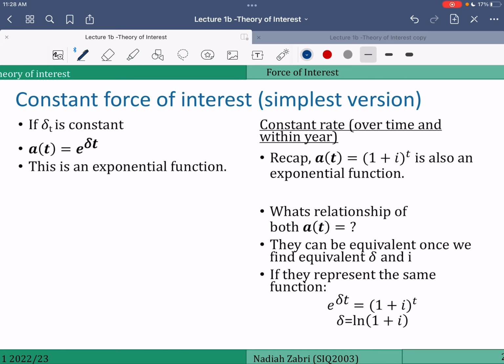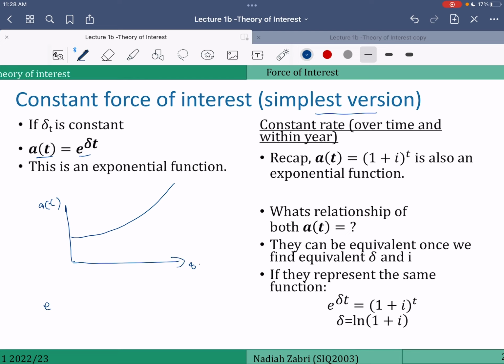Okay, now let's look at the simplest version of the accumulation function when we are using delta. This is when the delta is constant throughout the time. So a(t) follows an exponential function with delta constant throughout time.